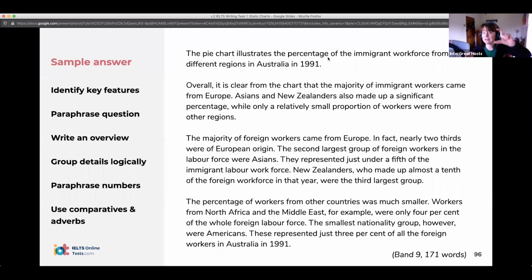So you just need to make it clear that now I'm describing the first one, now I'm describing the second one, and then you can introduce the second one by saying something like, turning now to the second pie chart. Okay, and yes, Jalil, no contractions. It is formal academic writing, no contractions.